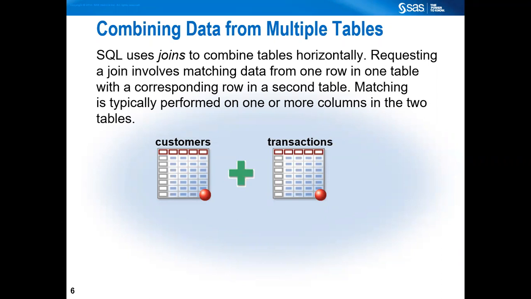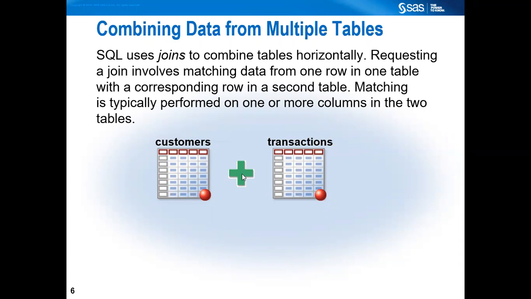It was a horizontal way of combining tables. SQL uses joins to combine tables horizontally. Requesting a join involves matching data from one row in one table to a corresponding row in your second table. Naturally, if you just write these two table names in your PROC SQL statement, it will simply perform a horizontal join.